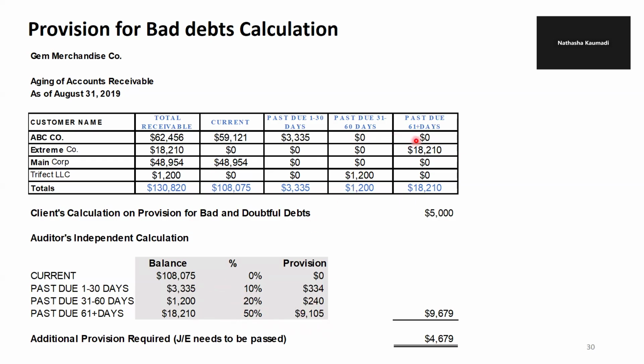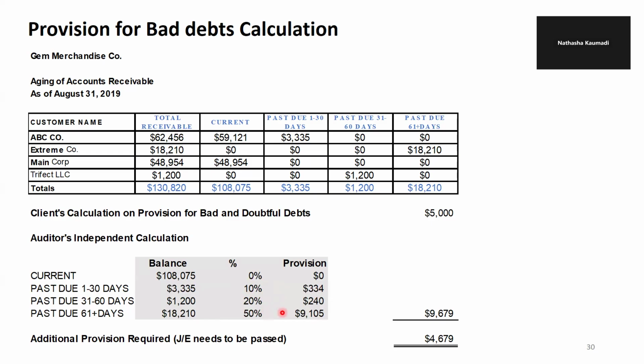But if you take the previous bucket, $1,200, it is only a 20% chance. The next one, the 1 to 30 days bucket, only one month older, is only 10%. A 10% chance that we are not going to collect these amounts. Likewise, you increase the rate when the balances are getting older.